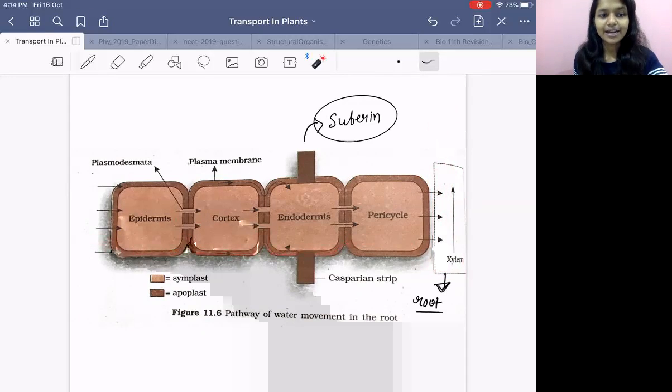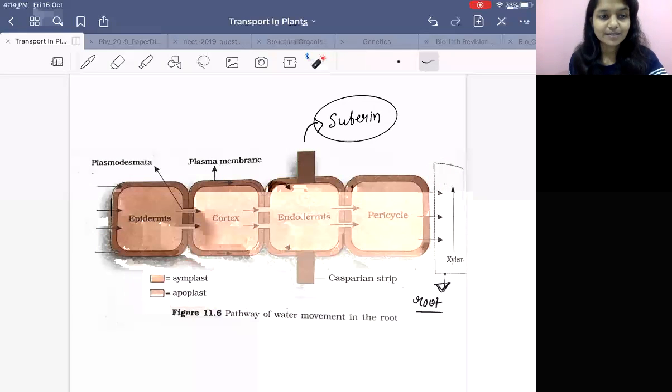If you remember, I had taught you there are two ways by which water can move into the root. What were those two ways? Do you remember? Symplast and apoplast. In the previous lectures, we have learned it. In the beginning, what will happen?